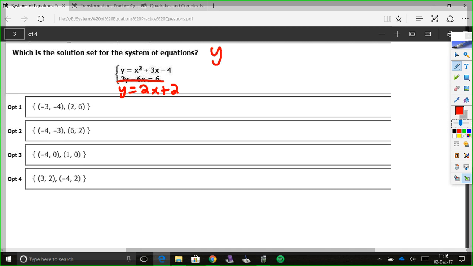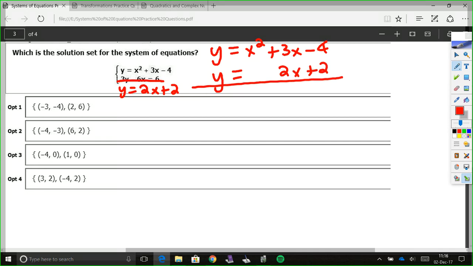So now we're going to do exactly what we did to begin with last time. I'm going to write these equations out, and I'm going to subtract one from the other. So y equals and then 2x plus 2. Remember, I'm leaving that gap there because that second equation does not have an x squared. But I'm subtracting this second equation, so I'm going to subtract everything. y minus y is going to be 0. x squared minus nothing will still be x squared.